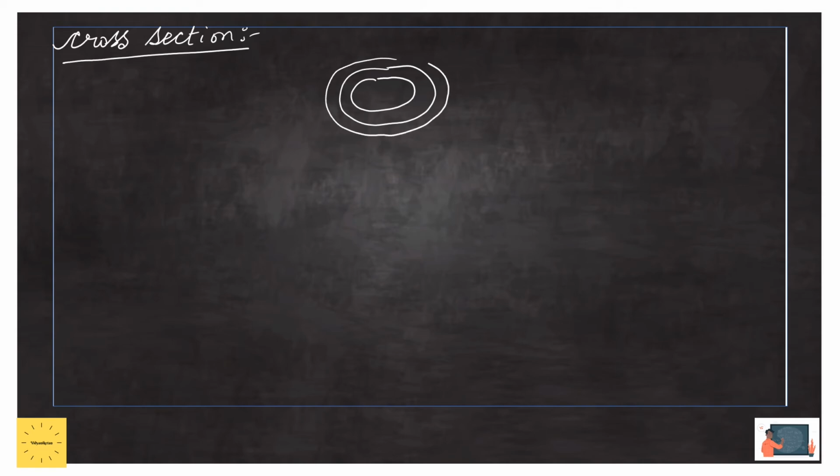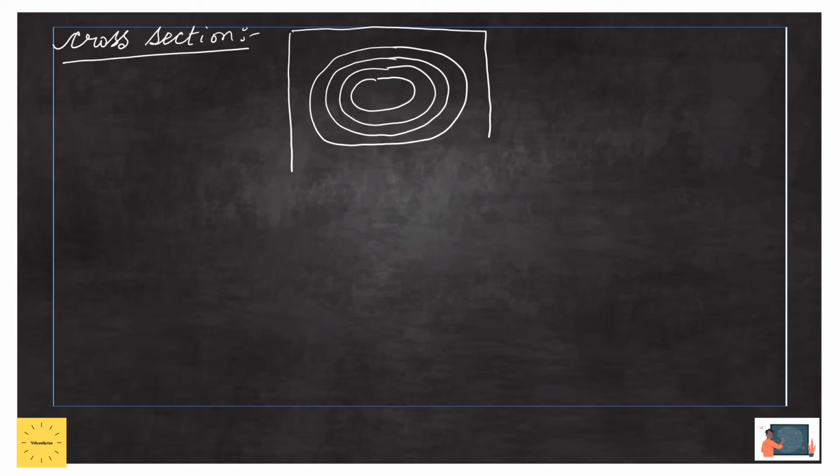So here I am drawing a contour pattern. Okay. So suppose this is representing 600 meter, this is 700, this is 800, and this is 900.